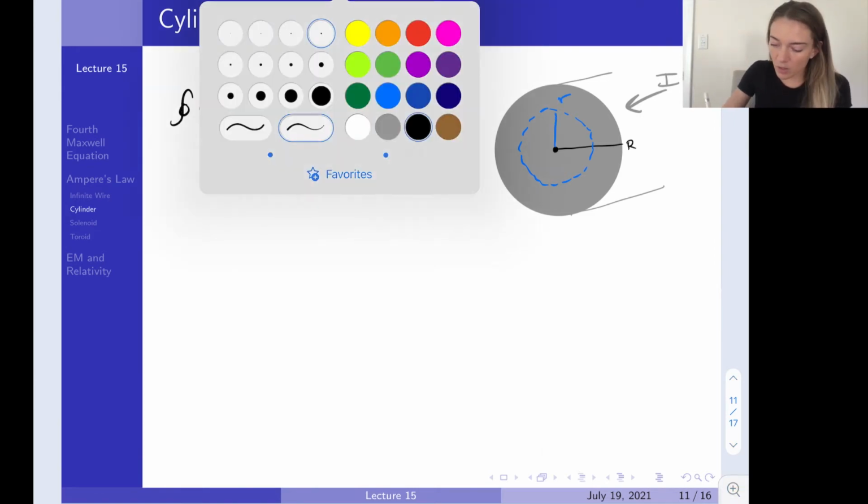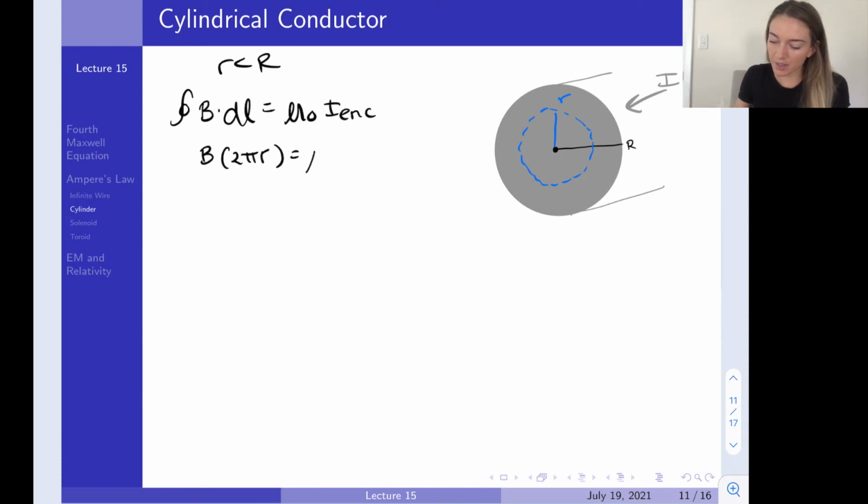But now what is my enclosed current? Well, I'm going to have mu naught for sure. And now my enclosed current, I said that it has a total current I spread uniformly throughout this whole area here. So for the current that's in here, I'm going to have to find the current density and then multiply by this area.